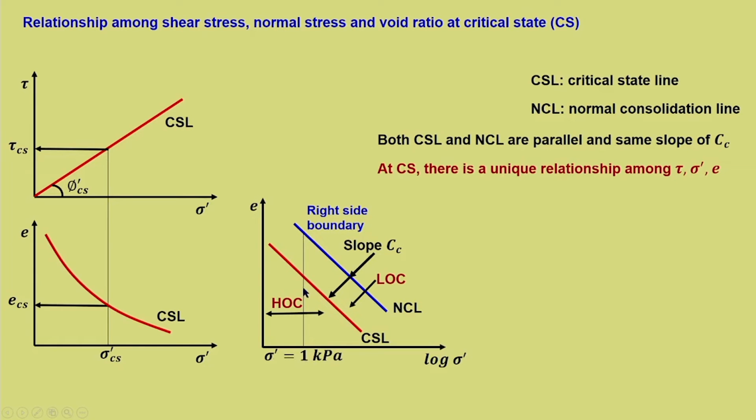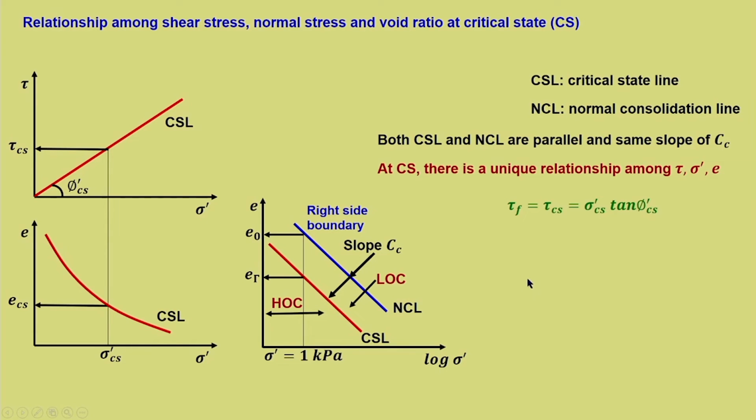We have some reference point on the critical state line as well as on the NCL line. Let us call the void ratio at sigma dash equal to 1 kilopascal on the critical state line to be e gamma, and void ratio on NCL to be e naught.